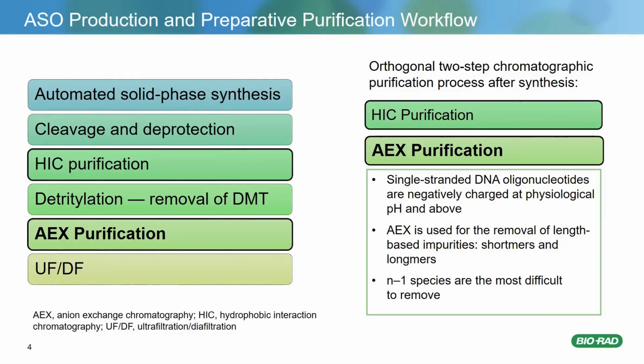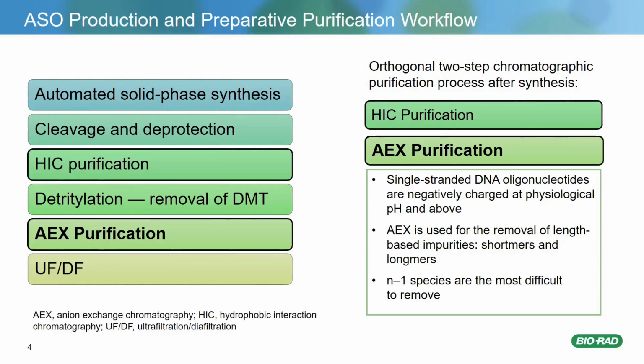On this slide, we're showing a typical production and preparative workflow of creating the ASOs. So you have the automated solid phase synthesis, followed by a cleavage and deprotection, a HIC purification, followed by a detritylation to remove DMT, an AEX purification, and then a UFDF.